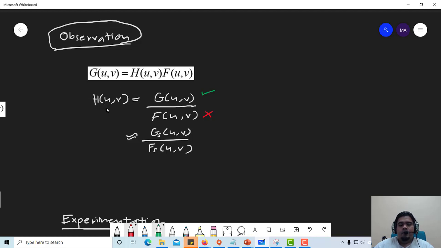But another way you can do it is to obtain some sample of the image, where that image consists of your G and the estimated F. That's why we put here GS and FS. So what is GS and FS? Let's see the slide.